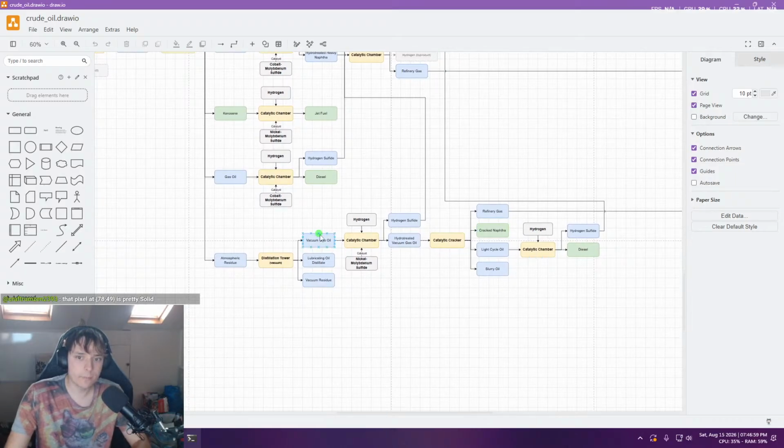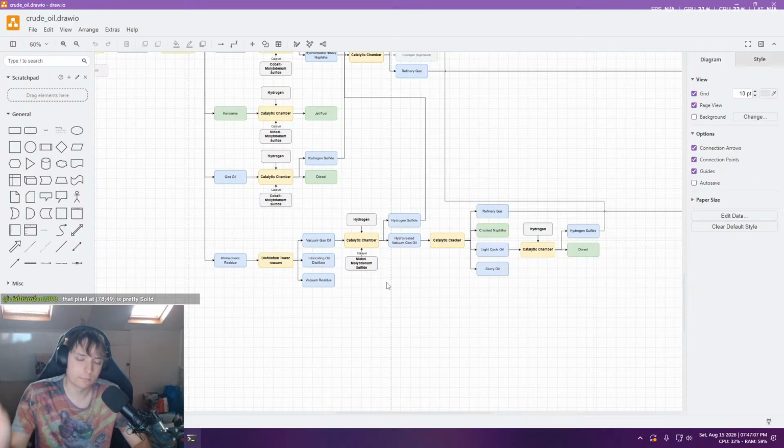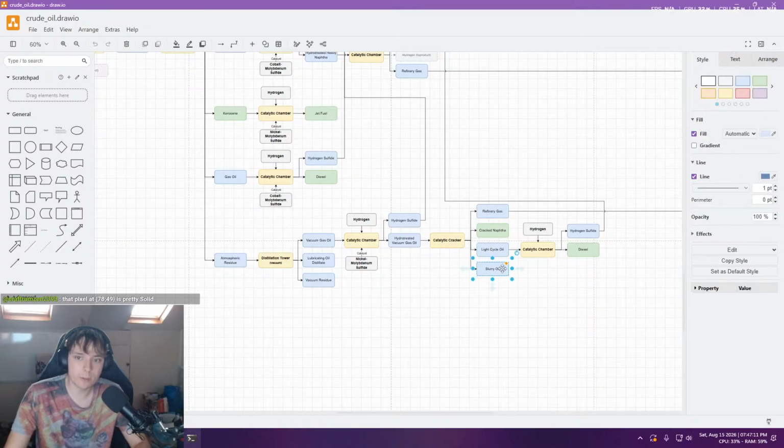The ones that haven't been finished are slurry oil, vacuum residue, and lubricating oil distillate, but those are a thing for another time. We'll do those later in this stream. The main one we're going to focus on, I think, is slurry oil, but maybe not. We'll have a look in a moment.